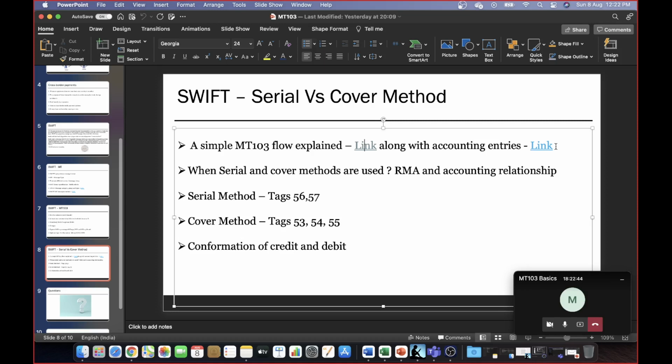So typically, I am speaking. If you need to send funds in USD to a customer in the US, what the bank in India will do is open an account in a bank in the United States. By that, what I mean is we will have a correspondent relationship or an accounting relationship with a bank in the United States.